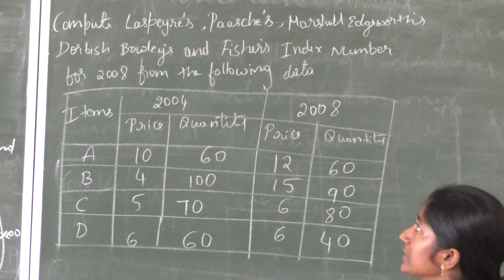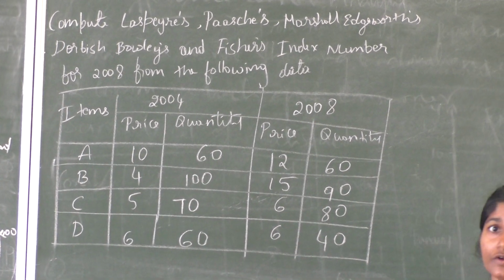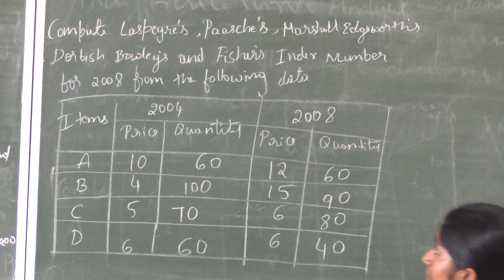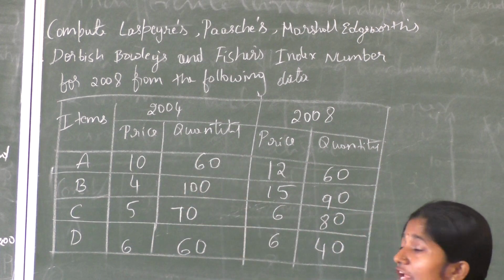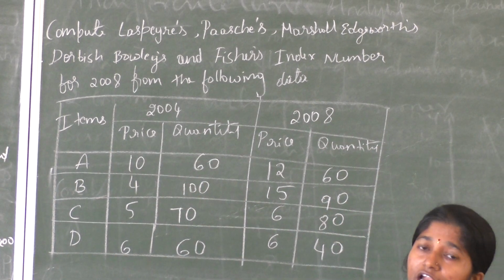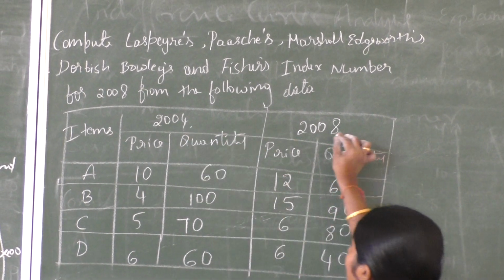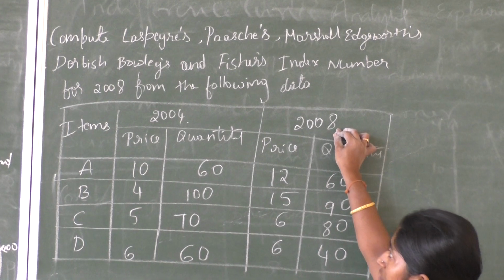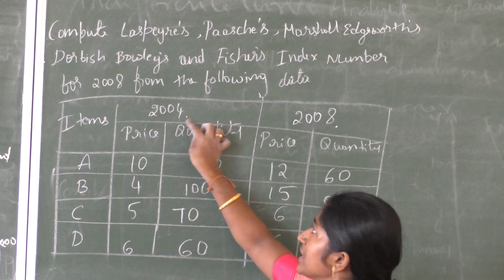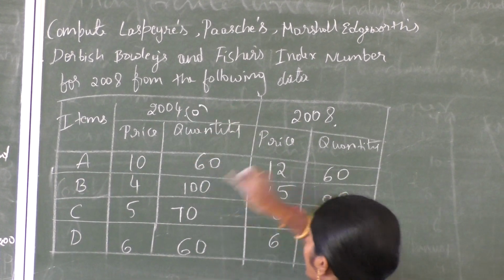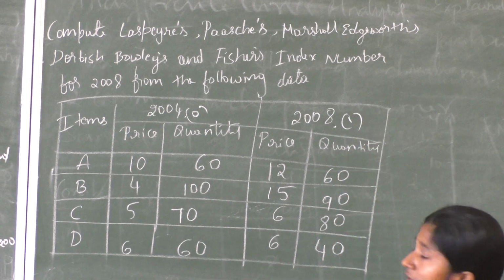To calculate this problem, we have to find out which one is the base, which one is the current year, which one is the price and which one is the quantity. Here 2004 and 2008 are given. This one is the base, therefore this is 0 and this is 1.